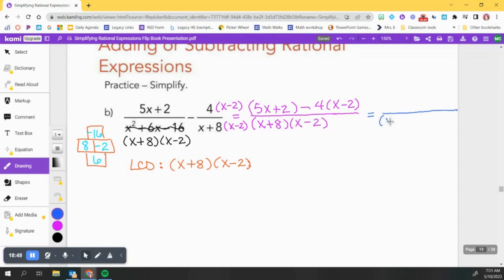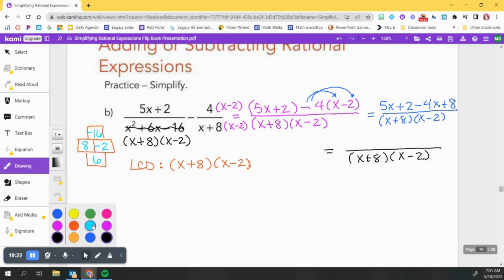All right, keeping my denominator as x plus 8, x minus 2. On my numerator, I have the 5x plus 2 from the first numerator. And again, we're going to distribute that negative 4 into that second factor. So negative 4x and then plus 8. Again, denominator is still x plus 8, x minus 2.